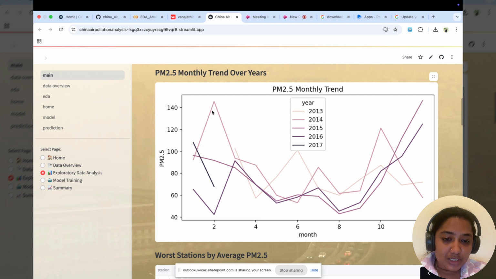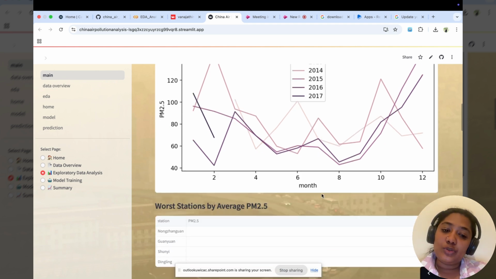When we check this one, actually it is 2014. It goes up to, I think, 150 in month 2, and in month 4 it's 60.